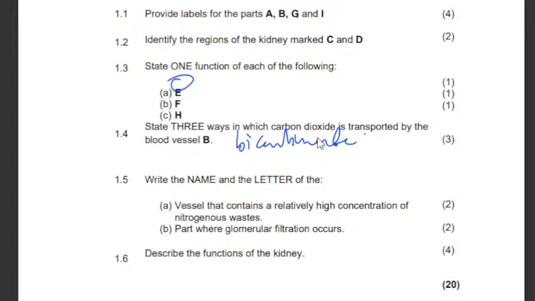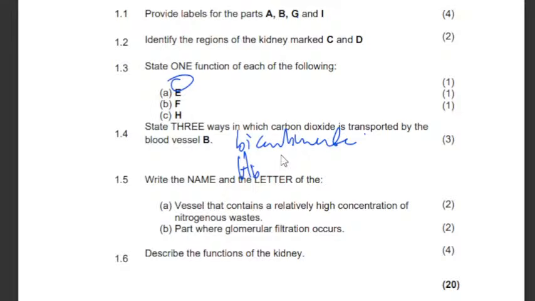Through carbohemoglobin, it's linked to hemoglobin. And then you can also talk about it being transported in the form of a solution. Yes, in the plasma it can be dissolved.